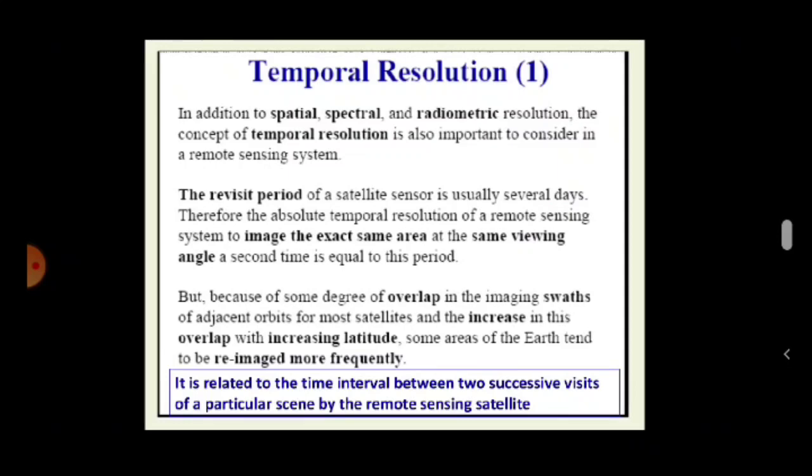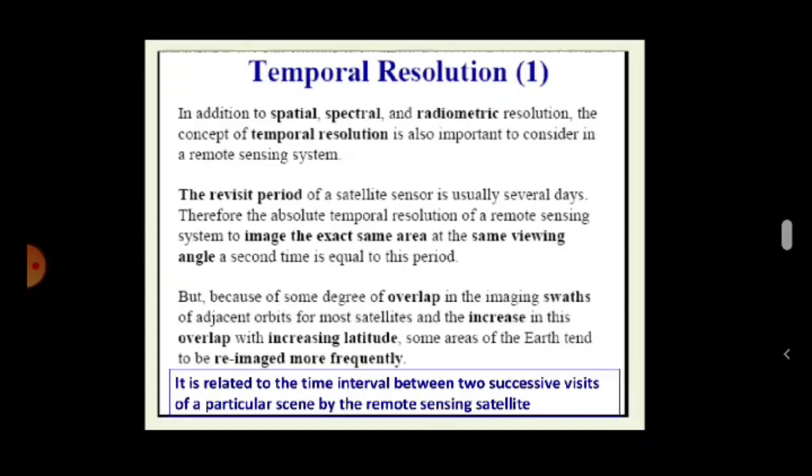When we come to temporal resolution, it deals with the time period between two observations, so it deals with time. So this also has to do with the relativity of the satellite. As I told you earlier, we will discuss this again under the characteristics of satellites, and we also discussed a bit about this regarding scan lines in the previous lecture.